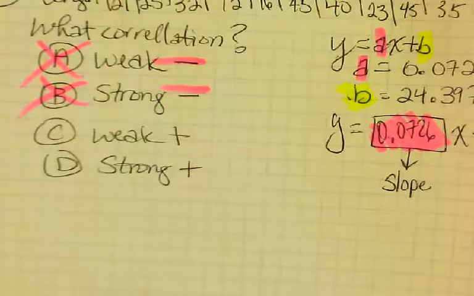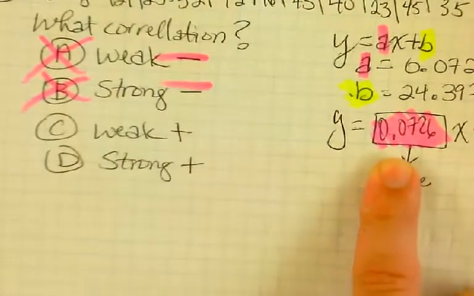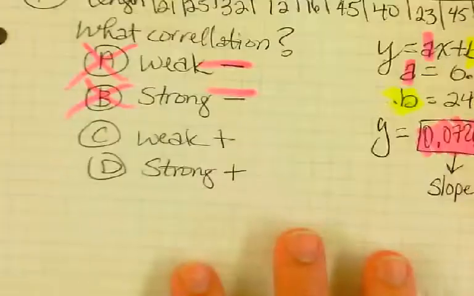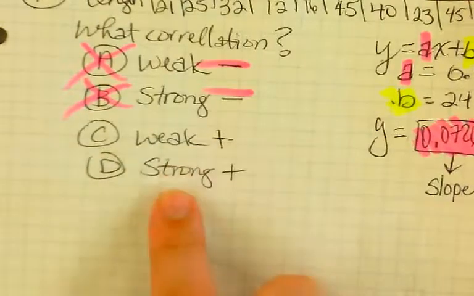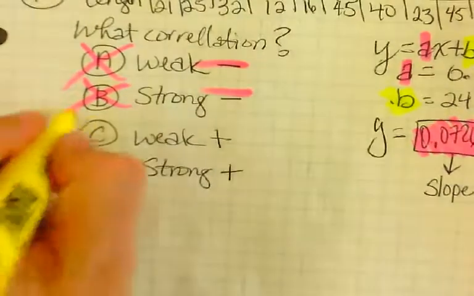So guys, this number here is 0.07. Are we talking about a really, really big number, or are we talking about a pretty small number close to 0? It's a pretty darn small number close to 0. So if it's real close to 0, do we feel like that's weak or strong? It's pretty weak. And that's how we're going to find our final answer.